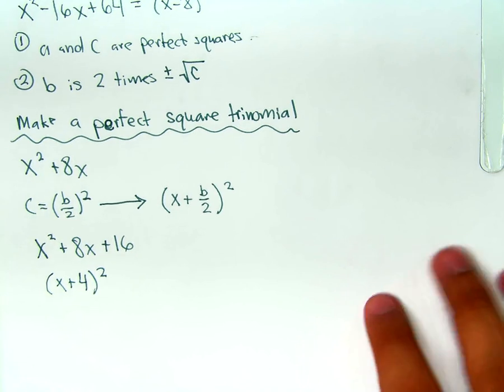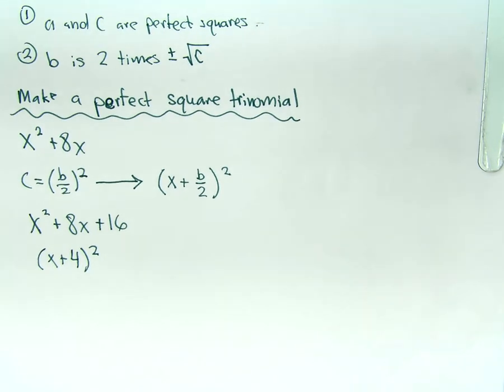If you look at your vertex form, this resembles the x minus h squared. So that's why we use this to convert the two forms. And we'll go over that at the end. Okay? So what we did here was we just made this a perfect square trinomial.